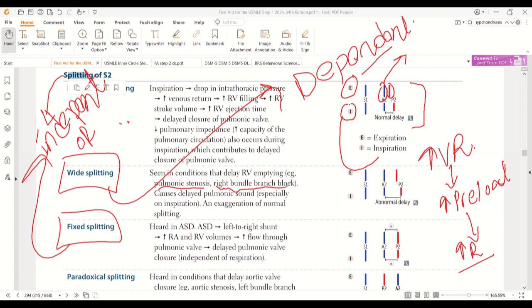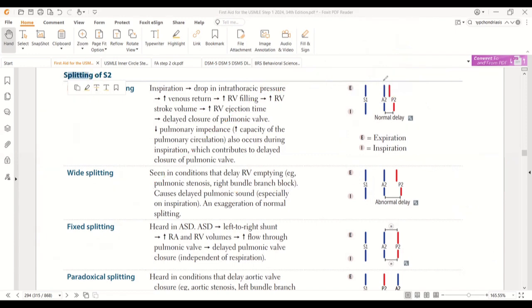So this is on expiration, and although the distance is increased as compared to the normal, it is increased, right?